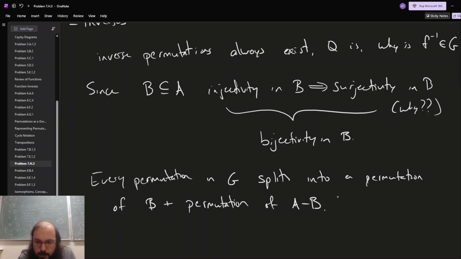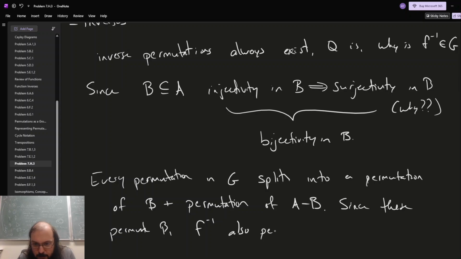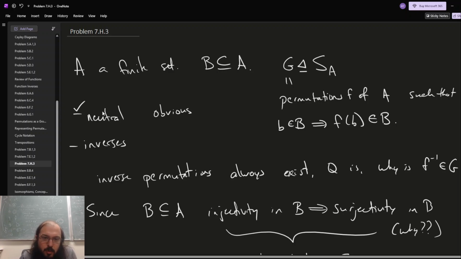So therefore, since F is a permutation of B, F inverse also permutes B. And we're done. Okay, so your task then is to figure out how I pulled off this sleight of hand and use that observation to break this logic when I remove the assumption that A is a finite set.